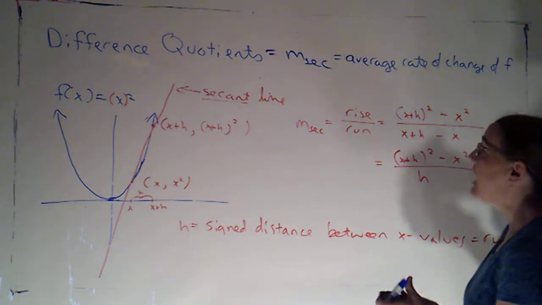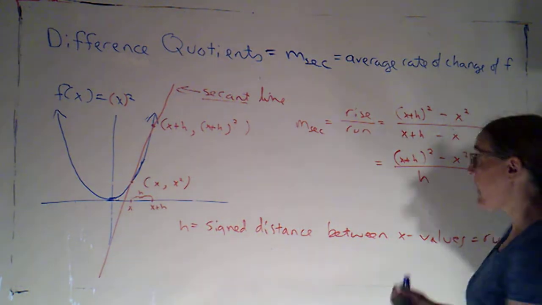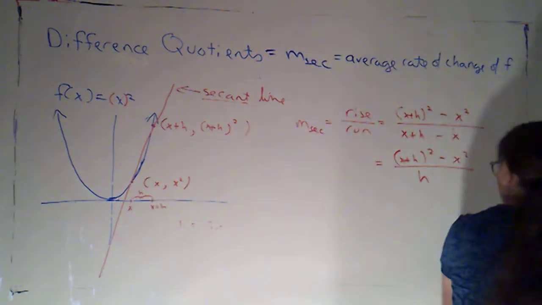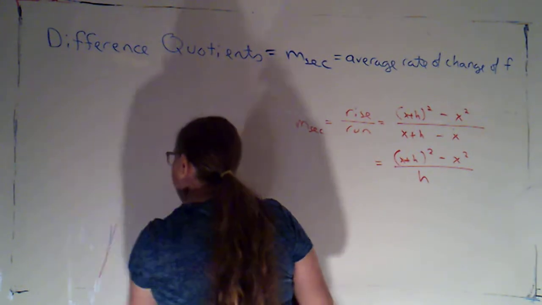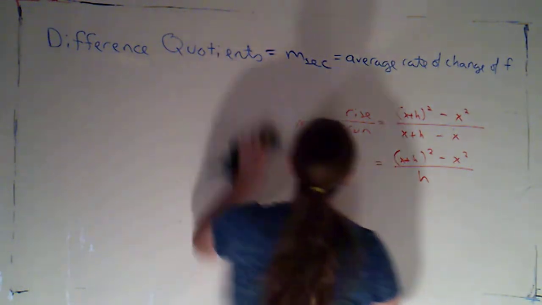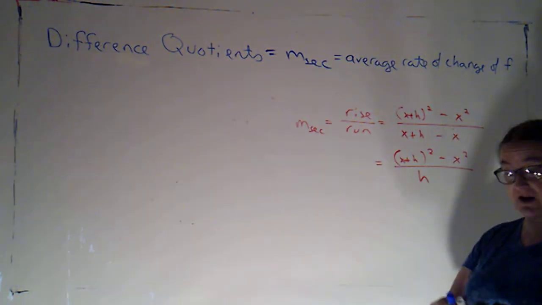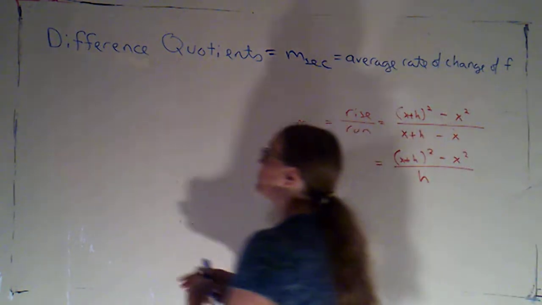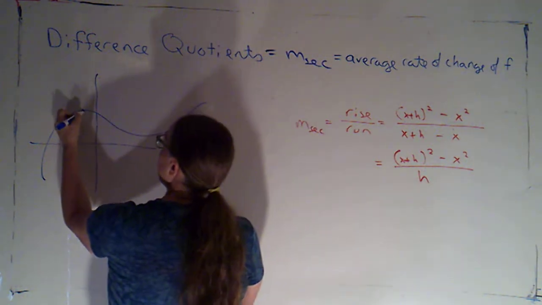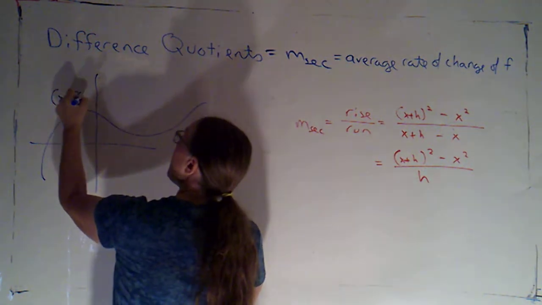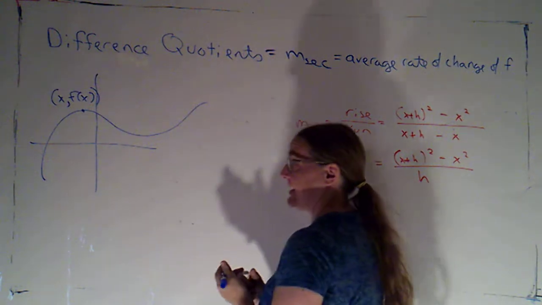Okay, so that is our definition of a difference quotient. I'm going to just write it out in its generic form here. We've got a specific example for x². In general, if I have some function, I'm going to have a point x, and then the y value would be f(x).